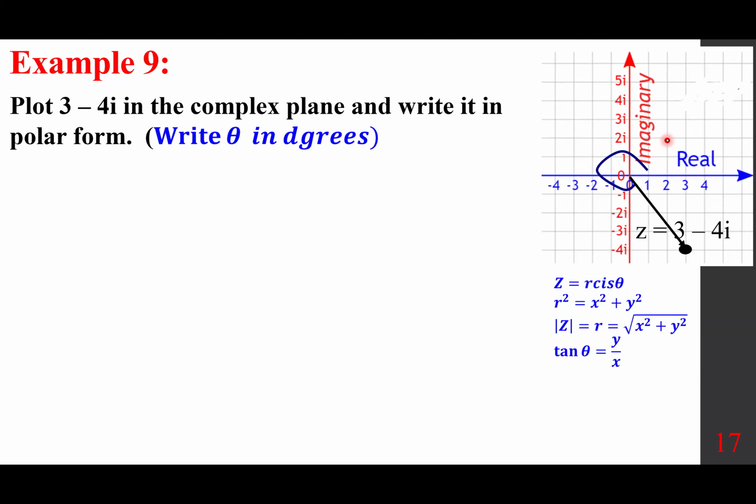So this is the angle. So tan of theta is y over x, minus 4/3. So the angle is, this is not a common arc, this is the tan inverse of that.